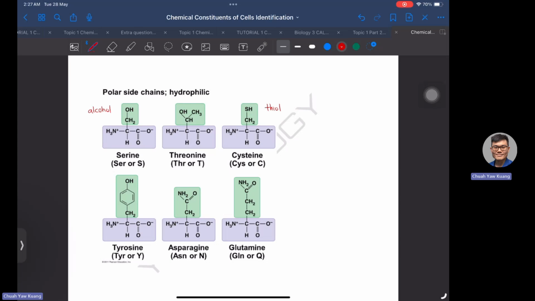Or you might see the amide. The amide functional group will be NH2 with C double bond O. So if you see this type of functional group in the side chain, then that type of side chain is categorized under the polar side chain.